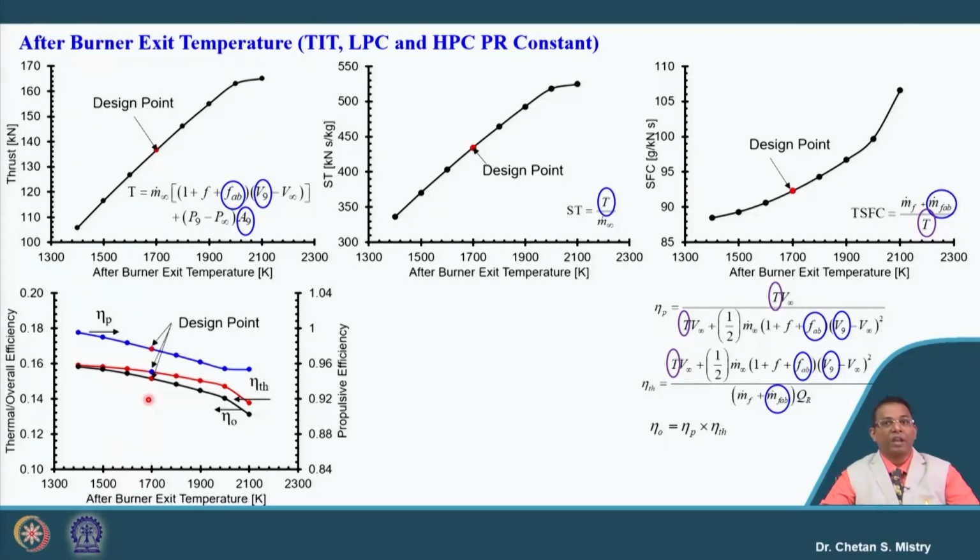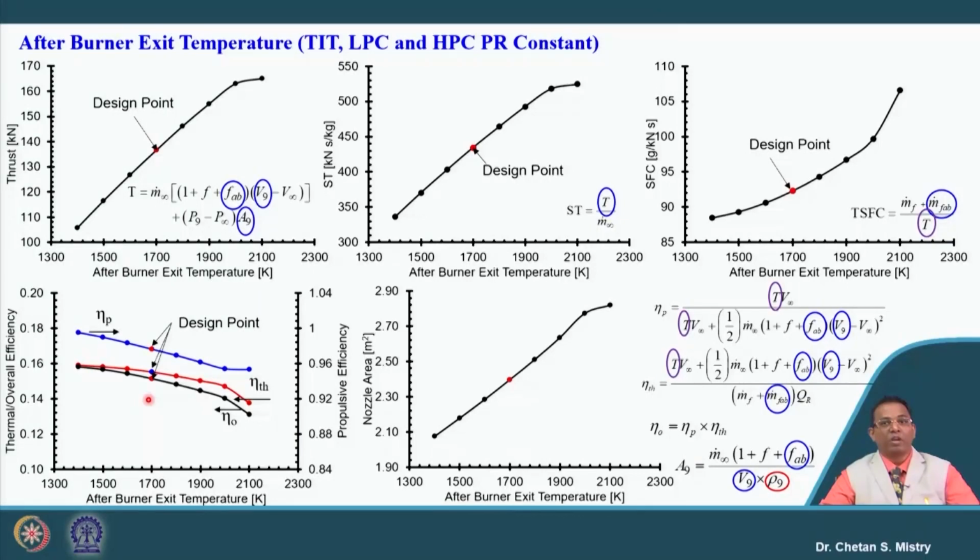Okay. Now, let us look at what is happening with the nozzle area. Since the amount of fuel we are adding is increasing, in order to handle that mass flow rate, you need to have your nozzle area larger. Okay.